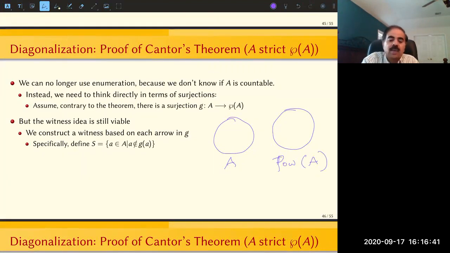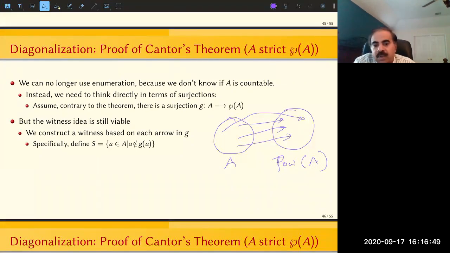And you are going to claim that there is a surjection that you have produced, okay? And what I'm going to do is construct an example that is not there in the surjection that you claim to provide, okay? So that's what I'm going to do, okay?